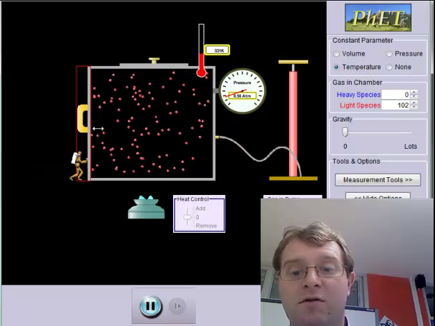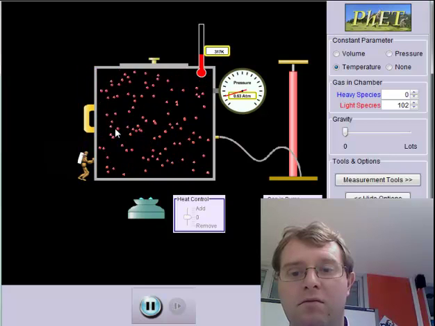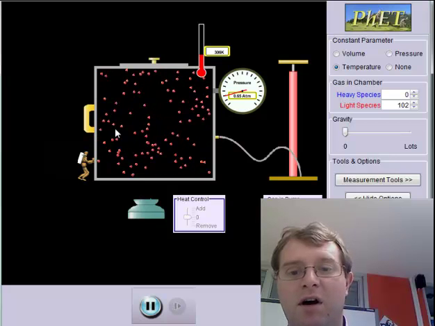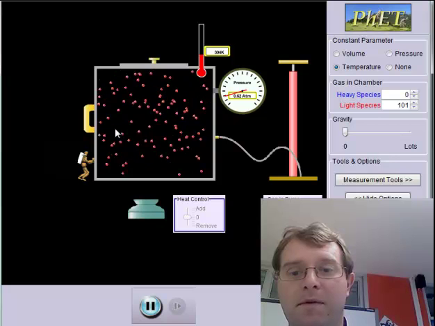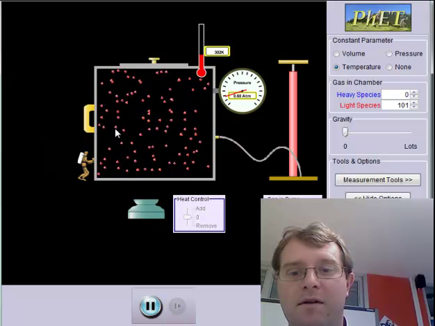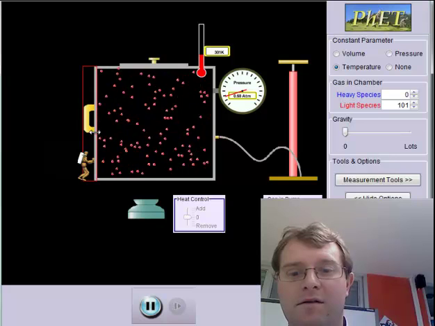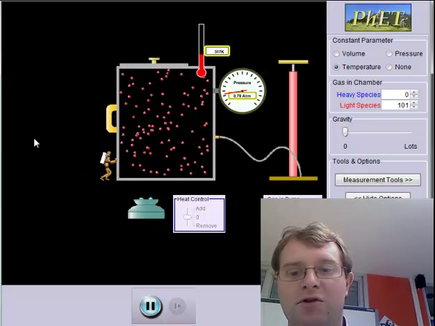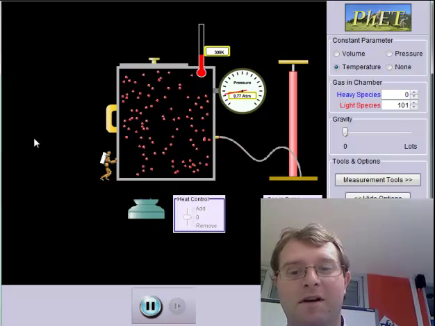So if I reduce the volume, we can see that my pressure starts to go up after things have been stabilized a little bit. So I reduce the volume again, and the pressure goes up. And let that stabilize again.